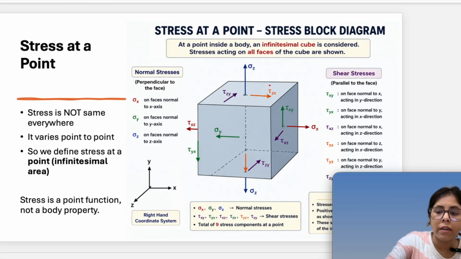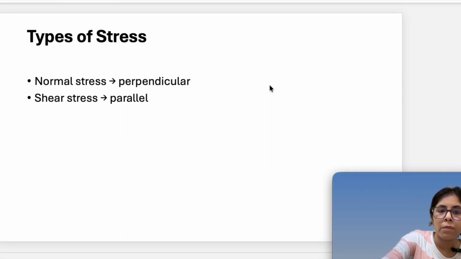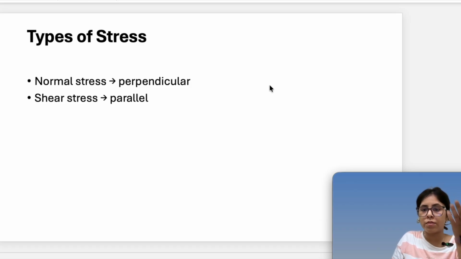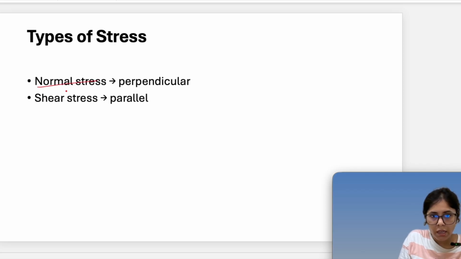Before understanding this, let's understand the next topic, which is types of stress. Stresses are of two types. We have normal stress, and then we have shear stress.